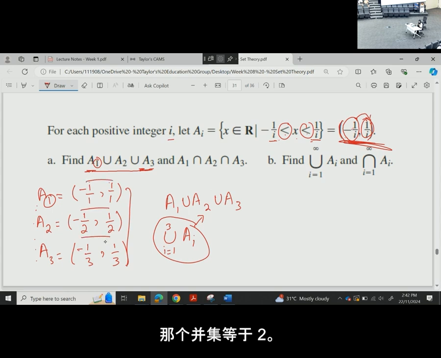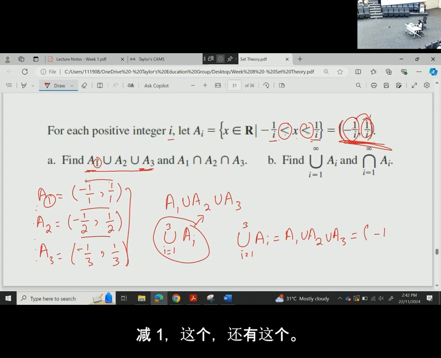So what does it mean? The union equals, what is the range? Minus 1, this one, and this one.